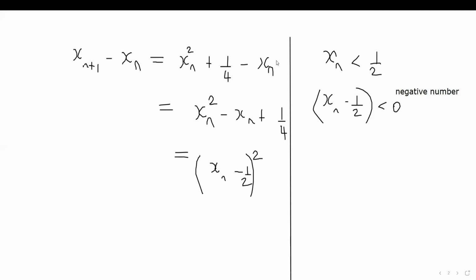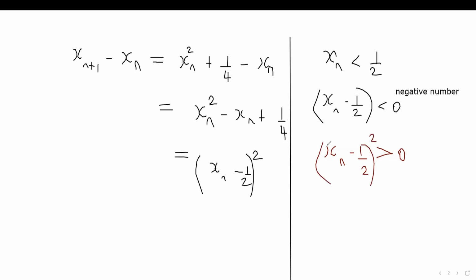When we square both sides, this is the trick now, this is the trick. Guys, when you square both sides, you're going to change the sign from less than to greater than. That makes sense? Yes, sir. So we're going to get x_n minus a half all squared is greater than 0.